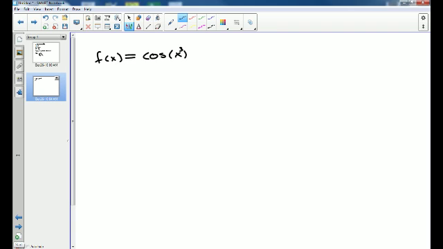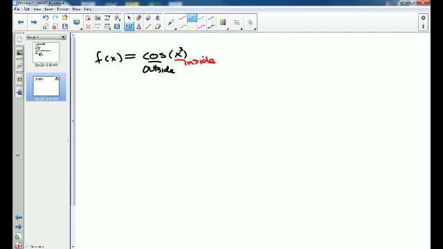So, we have a function, cosine of x cubed. Can you identify the inside and the outside functions? The outside one is cosine, which means x to the third is the inside one. Correct.